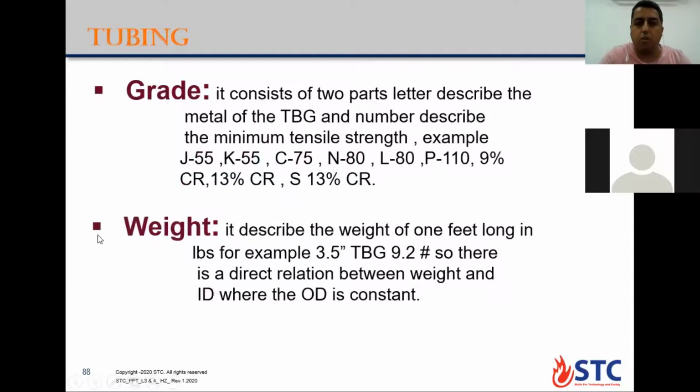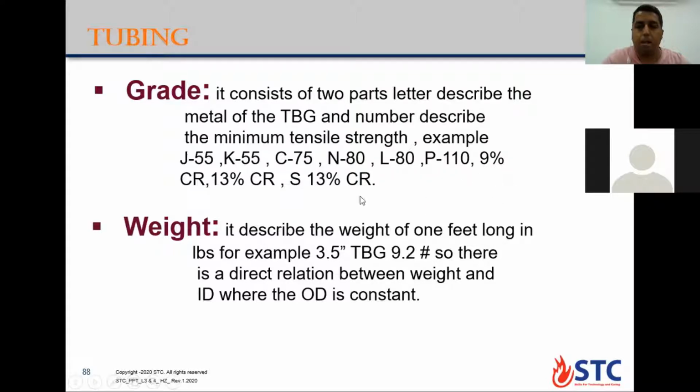I can also classify tubing by grade. Grade has a letter and a number, like K55. The 55 means 55,000, which describes the minimum tensile strength for the pipe. I can also describe the steel material.